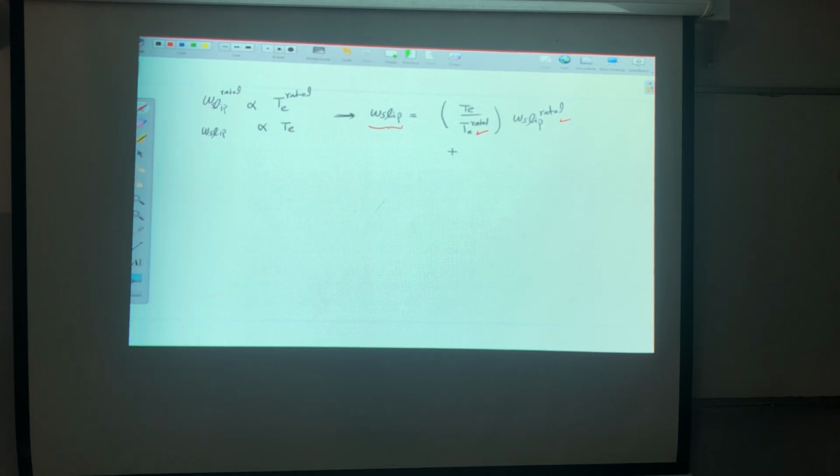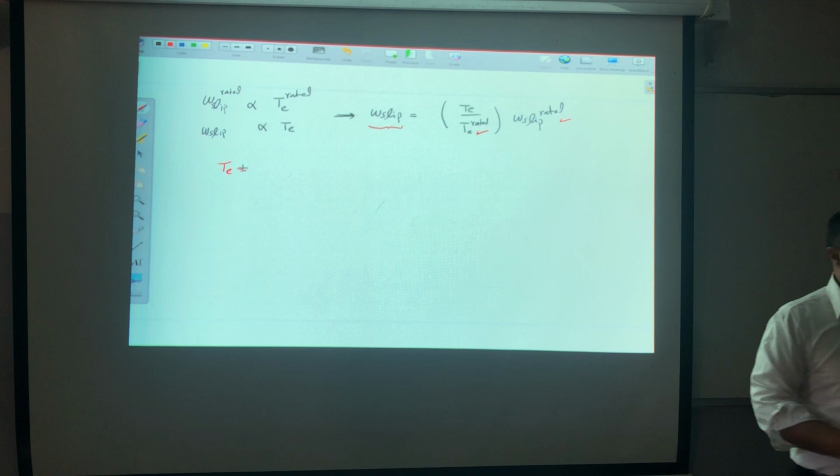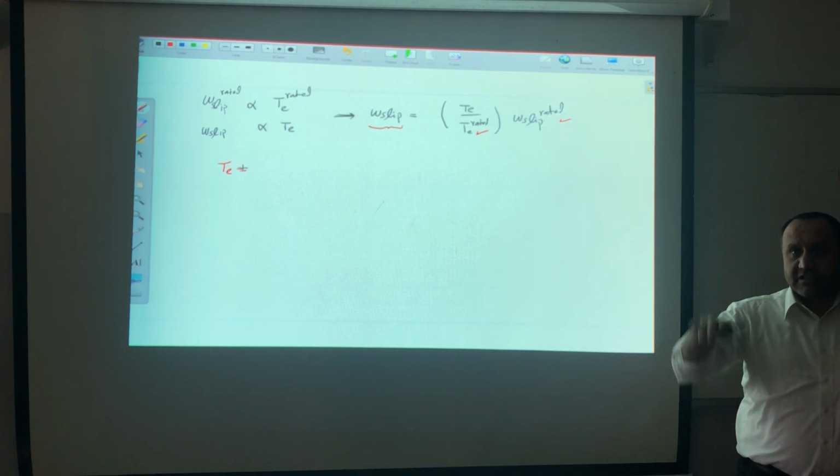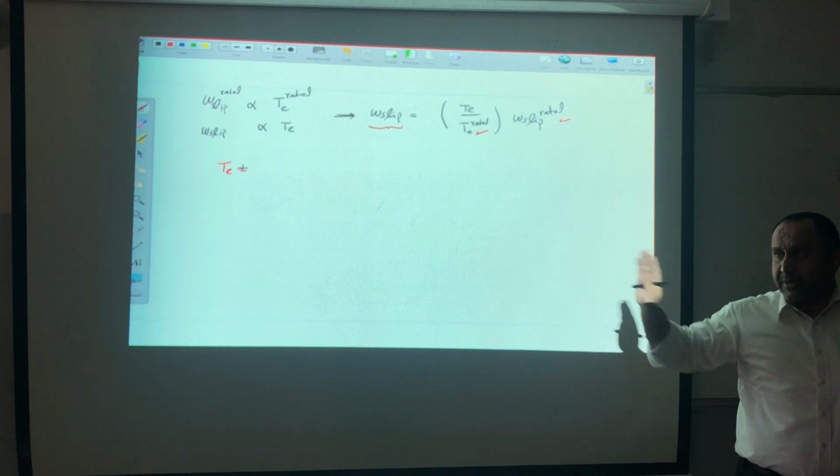Now, can I estimate TE? Do you remember how we found the expression for the electromechanical torque? It was the power on the air gap over omega s.